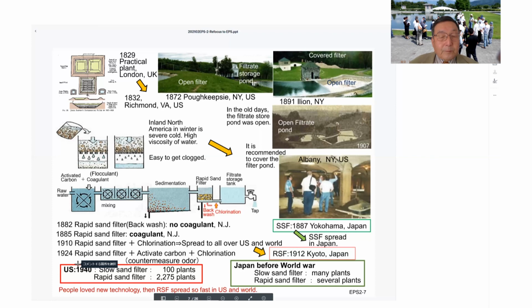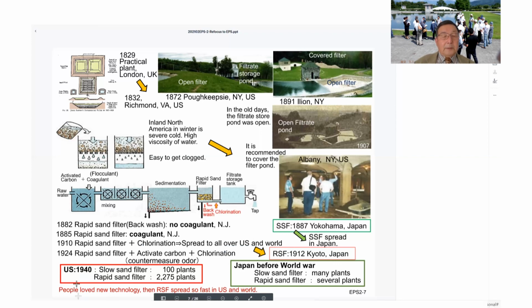So, rapid, in 1924, rapid sand filtration with active carbon and chlorination was used as a countermeasure against odor substances.